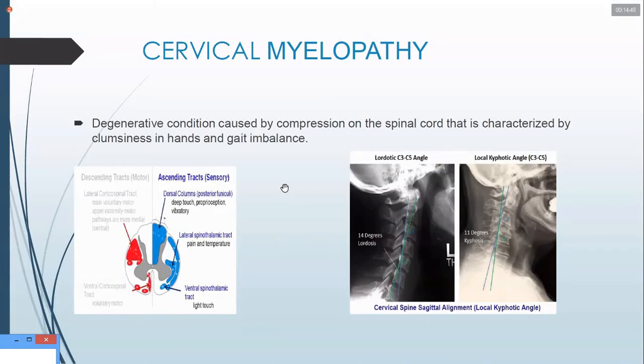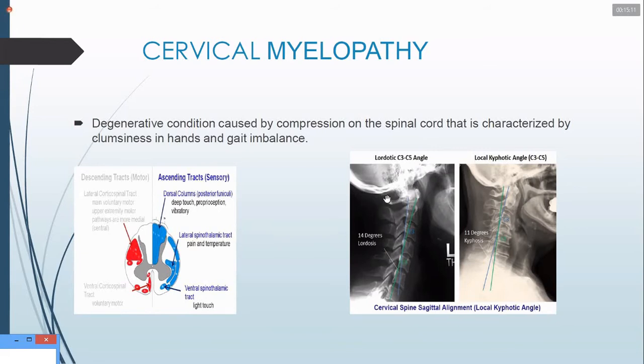You must have already come across the ascending and descending tracts of the spinal cord. In this cross section we can see the sensory and motor tracts. I will not go into that detail, but compression of these structures results in the symptoms of the patient that presents to us.